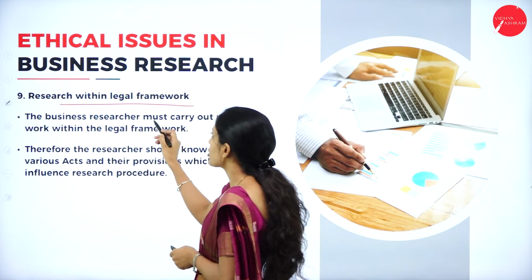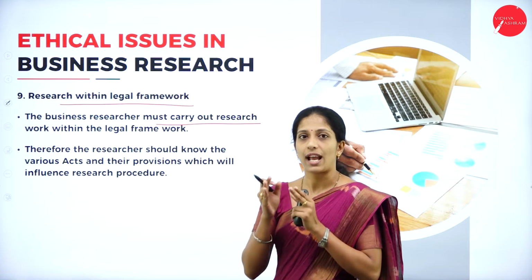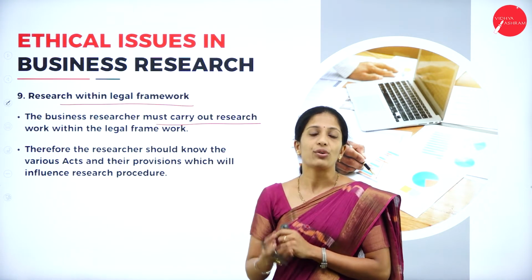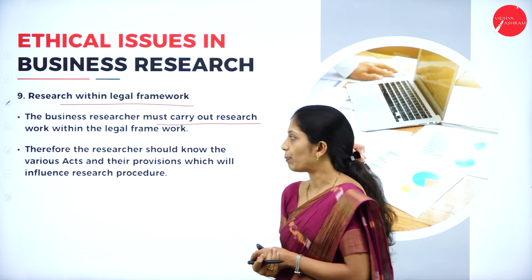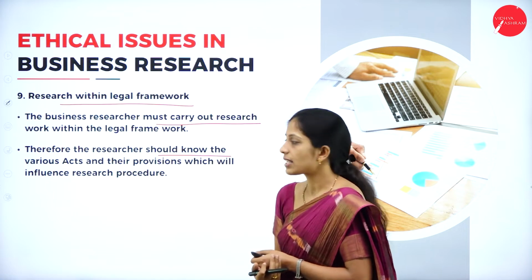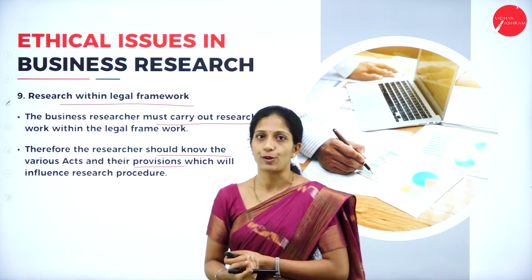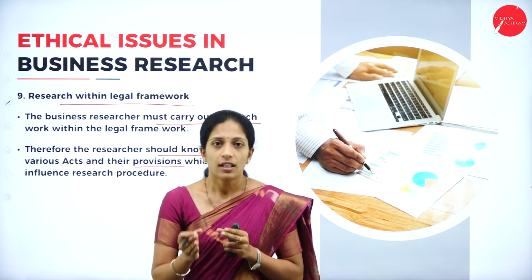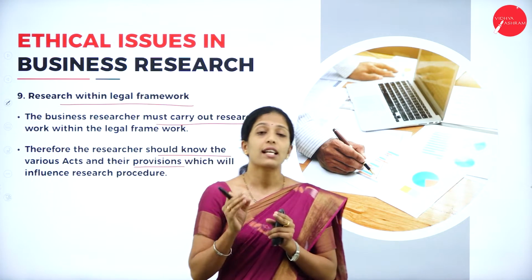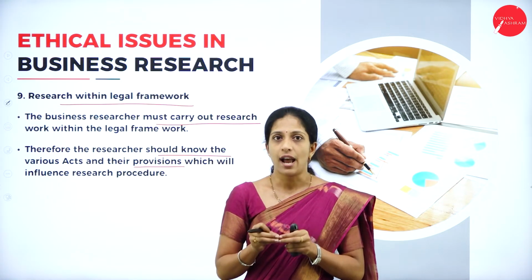The business researcher must carry out research work within the legal framework. So they have to follow all the rules and regulations of the government, and only then can they conduct the research properly. Therefore, the researcher should know the various acts and their provisions which will influence the research procedure. Whenever a particular activity is being conducted, he has to make sure that he knows all the acts as well as provisions relating to that activity.